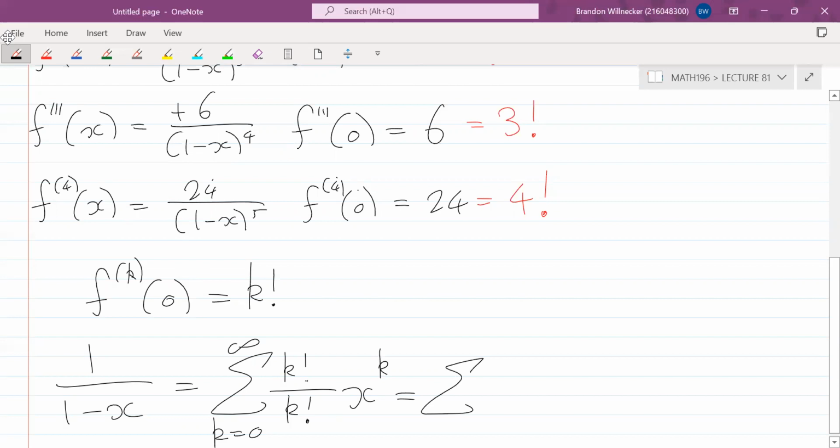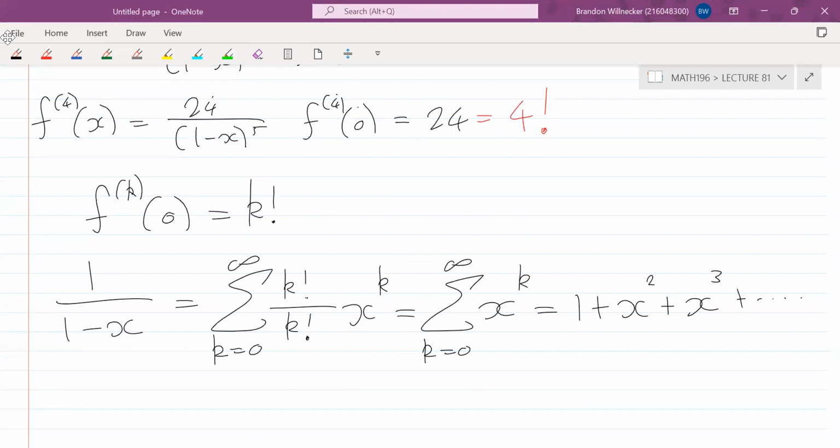So we end up with the sum from k equals 0 to infinity of x to the k. So that's going to be 1 plus x plus x squared plus x cubed plus dot, dot, dot. Infinitely many terms. Now, what about convergence?